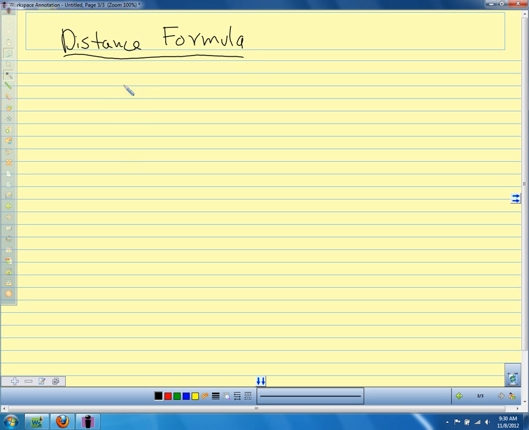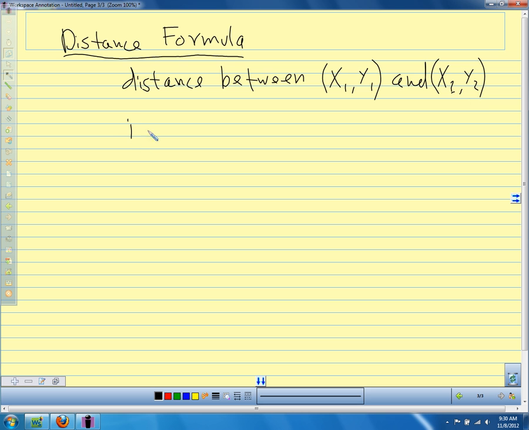So the distance formula: the distance between x1, y1 and x2, y2 is the square root of x2 minus x1 squared plus y2 minus y1 squared.